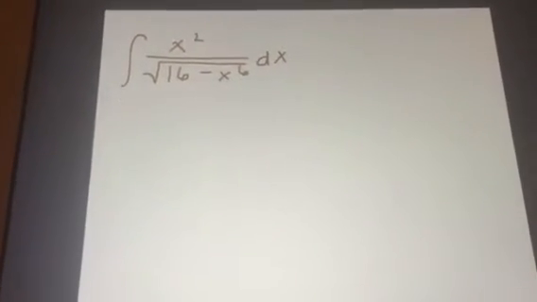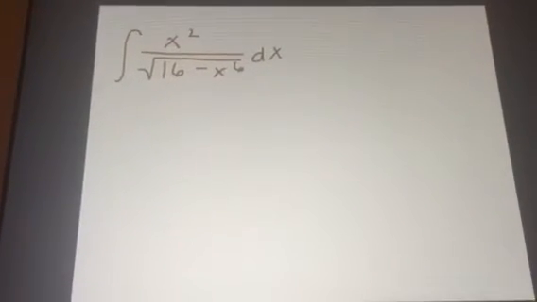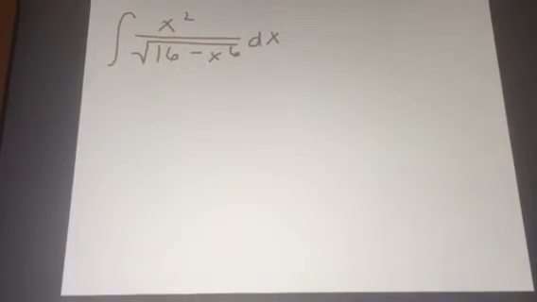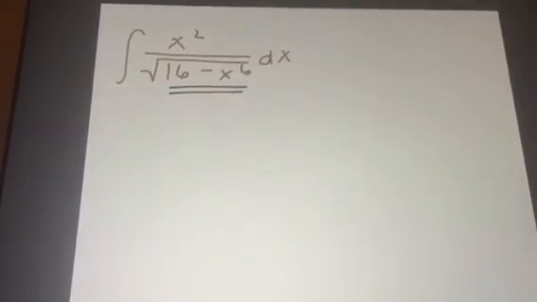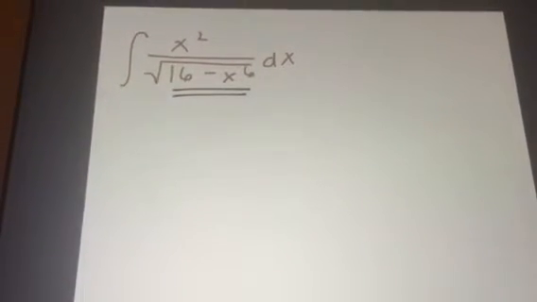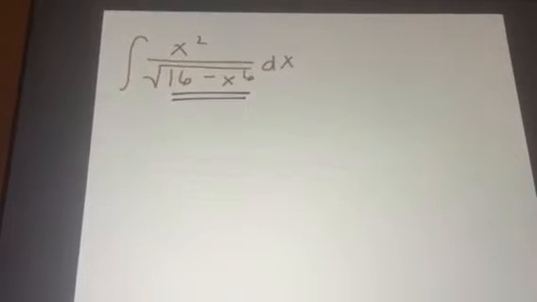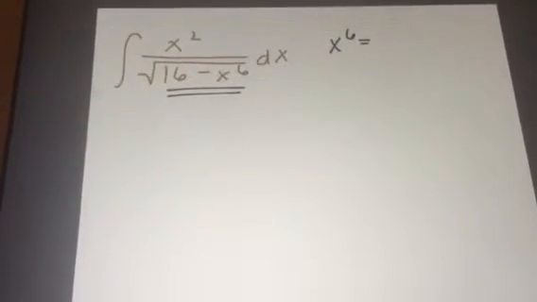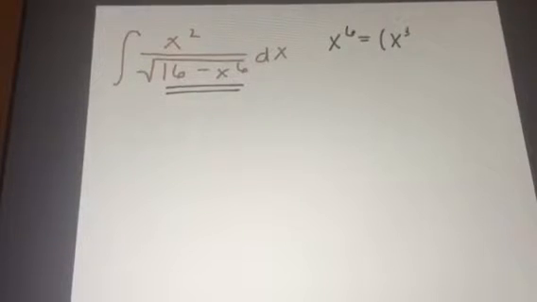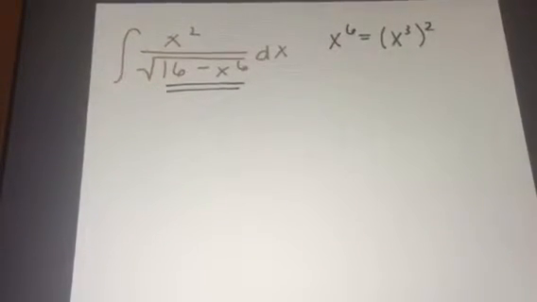For this example, it's kind of like our previous example. So what we're going to do here, if you notice, 16 is a perfect square, and you can rewrite x to the 6 to be some form of a perfect square, which we can actually rewrite as x cubed to the squared power.